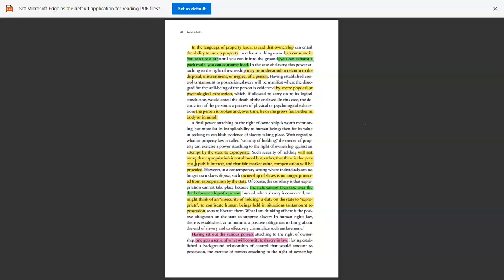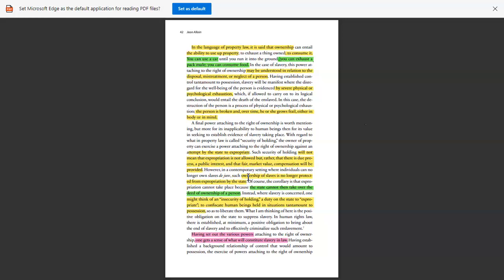Isn't that the one thing that is said to be given to everybody as a right, is due process? So as long as you go through due process, the state is capable of expropriating, especially if it's done for a public interest, and a fair market value is provided. And this compensation is that due process.